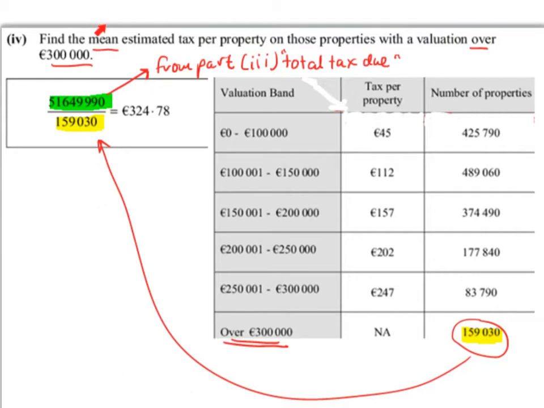So the mean estimated tax per property on those properties with a valuation over €300,000 is €324.78. So it said NA, which meant not available, and in this box here, we put €324.78. So this is the tax per property if you are in the over €300,000 band.